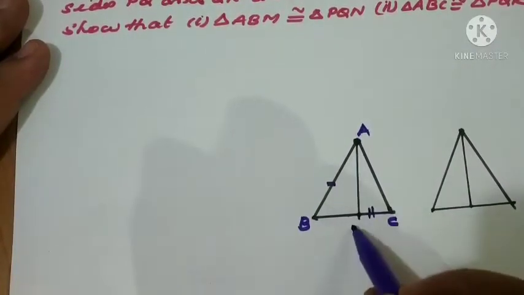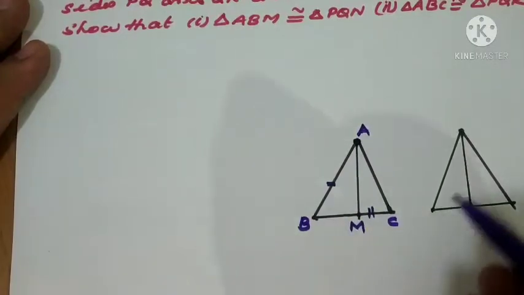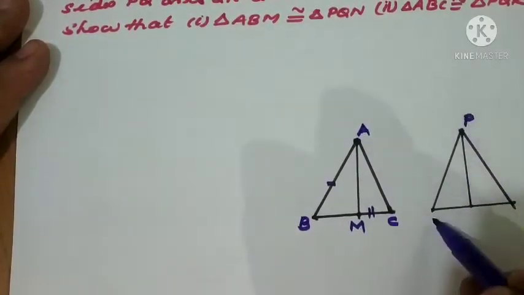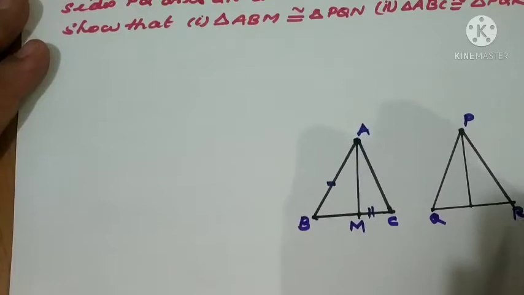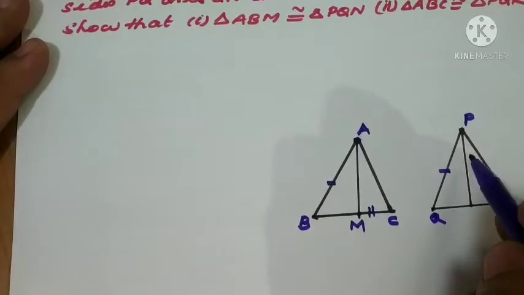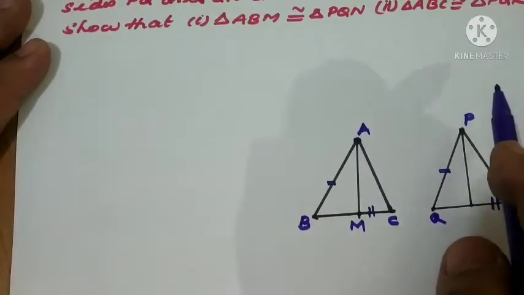Next, the median AM is equal to PN, with PQ the first equal side from the second triangle and QR the second equal side of the second triangle. Next, which is the median name given? The median is PN only.